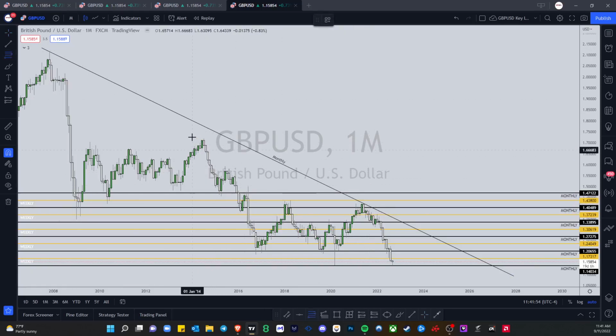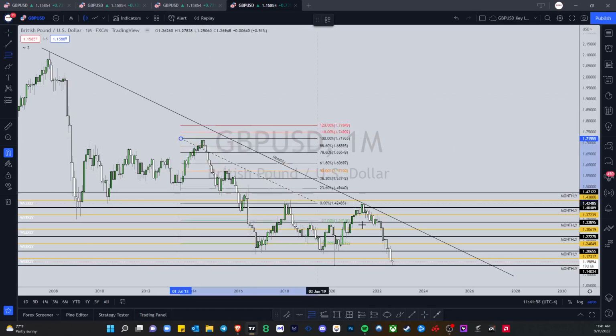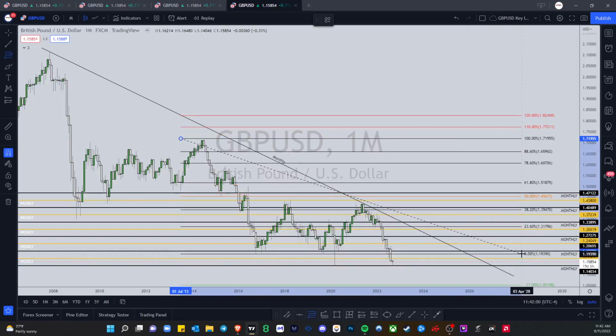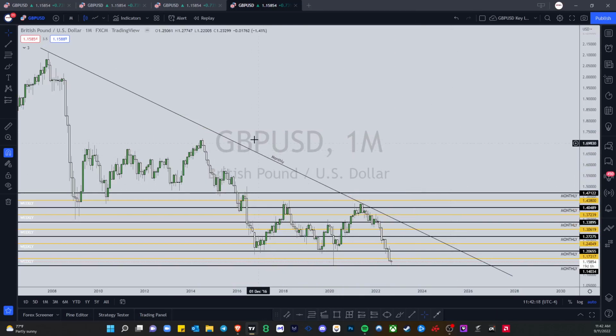So I kind of messed this one up, and thought that since it broke that little lower high point right here, it would have retested down here and gone up, but it didn't do that. Everything was pretty much still bearish. But I corrected it.